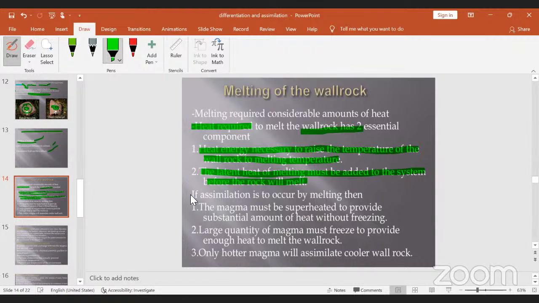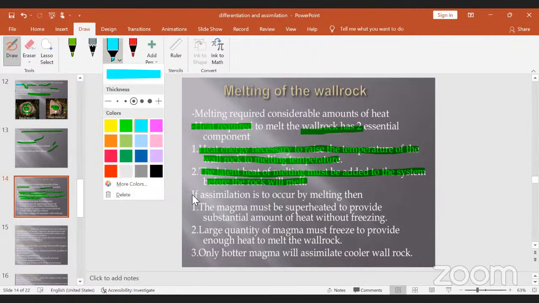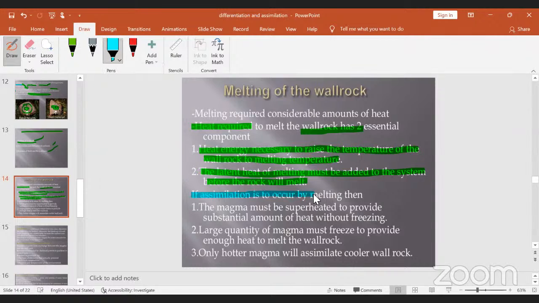And if assimilation is to occur by melting, then what is that? The magma must be superheated to provide a substantial amount of heat without freezing. You remember this, without freezing.